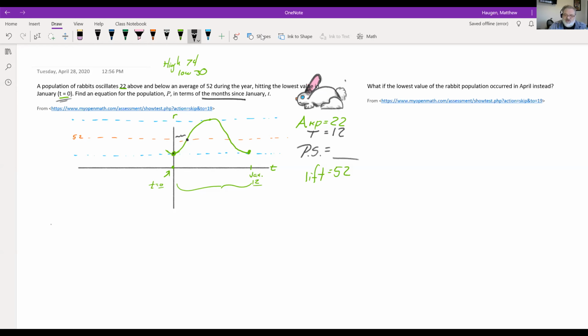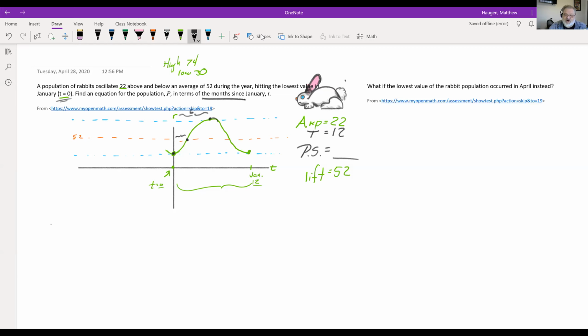So if we want to use this as our starting point of our curve, then a negative cosine graph starts there. We wouldn't have to have a phase shift at all. If we wanted to use a positive cosine graph, then we'd be starting here and going that way, which means we'd have a phase shift of halfway. That's 6 months.